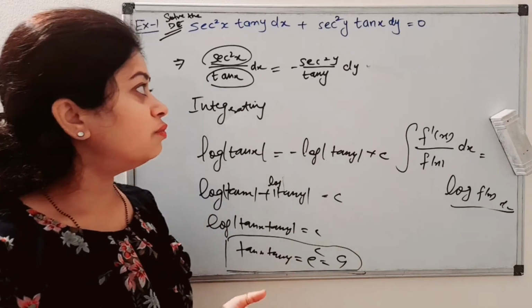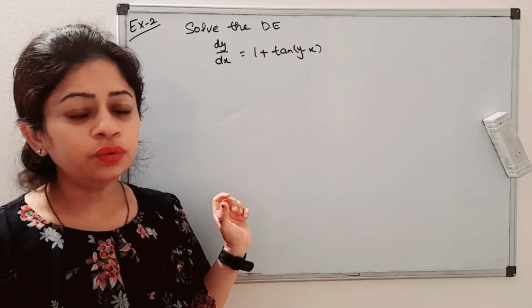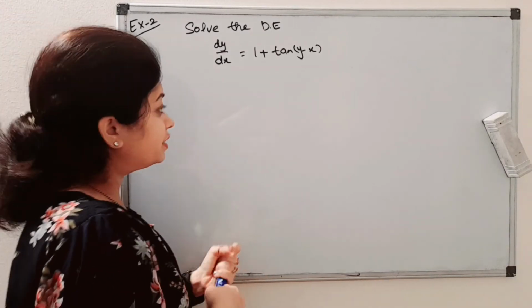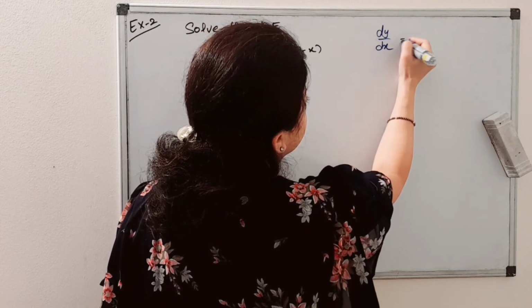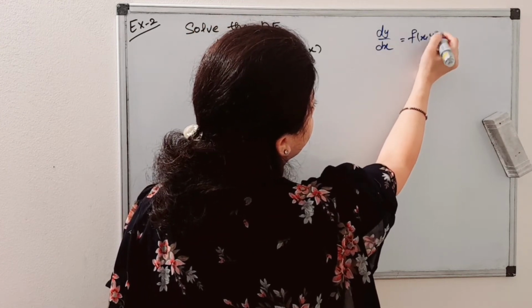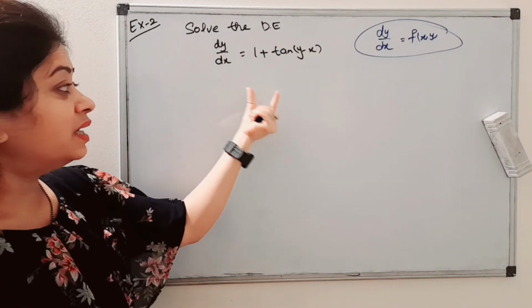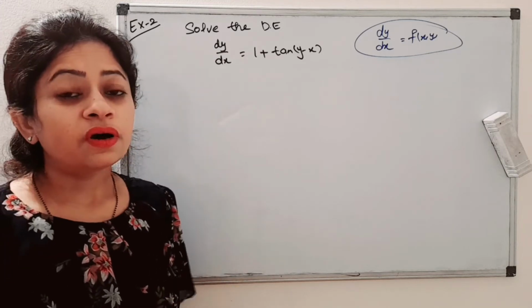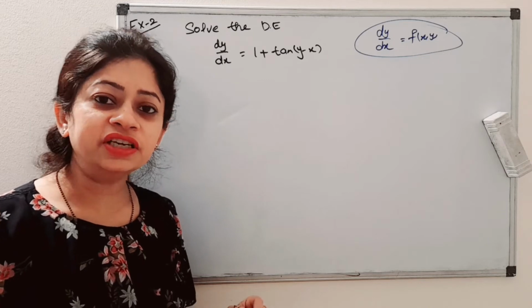Now come to example number 2. Sometimes we get questions of this type also: dy by dx is equal to f of x y, a function of x and y. But we can see that this is not separable. So can we make it separable by substituting something or rearranging? Yes.